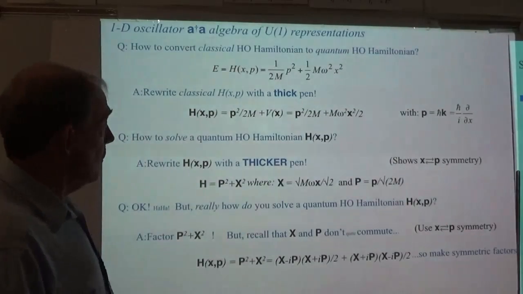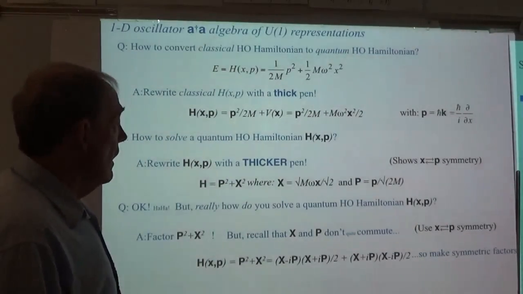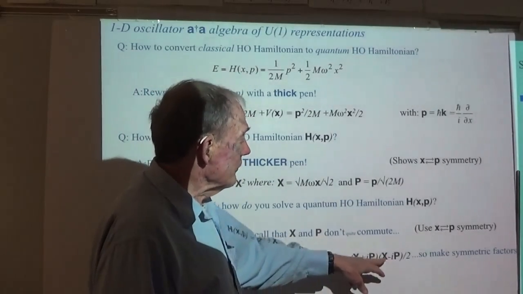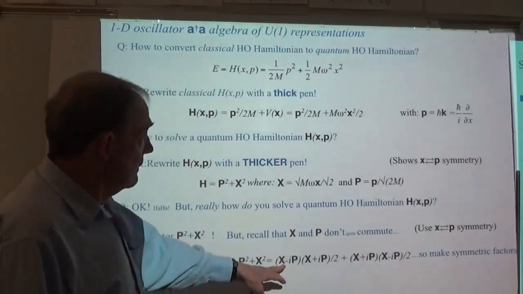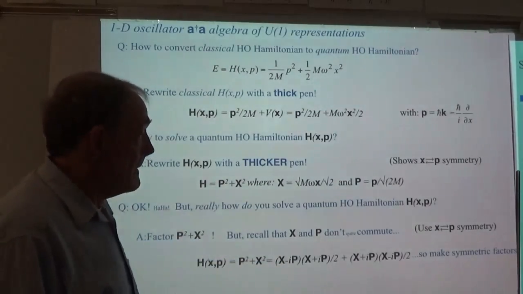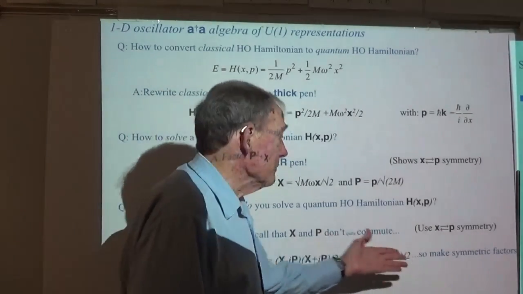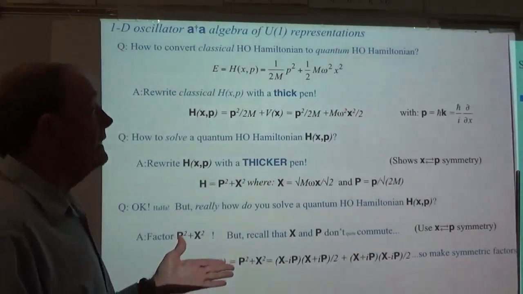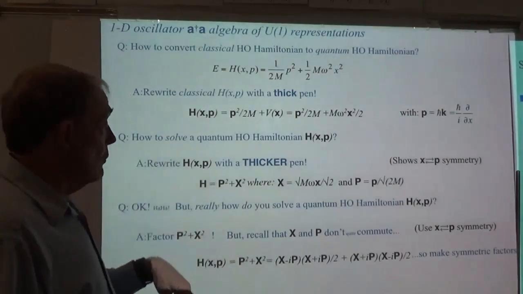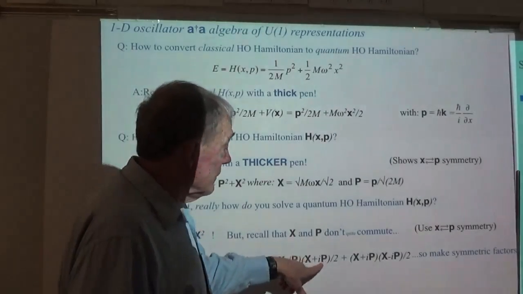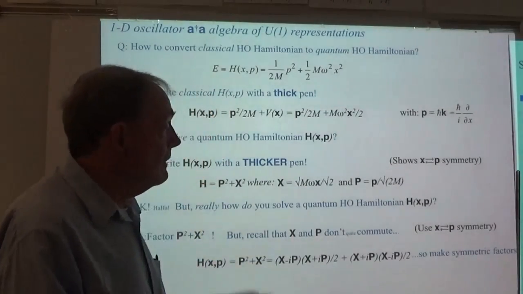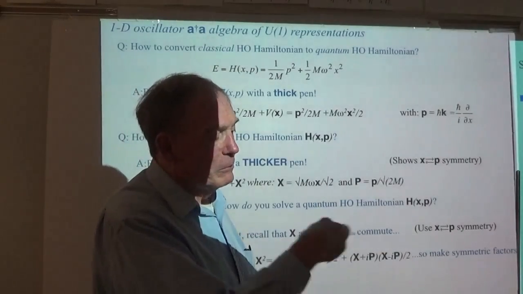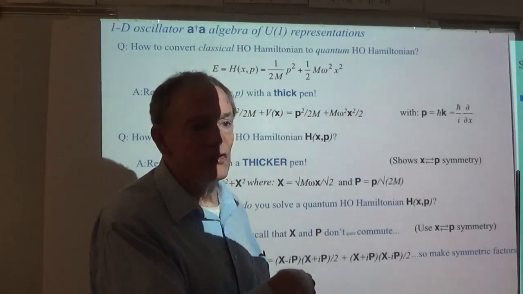So the basic idea is, while you're using this thick pen, you'd better write it in a way so that one of the factorings has the minus sign on the right and the other one has it on the left. This is to make it symmetric, because this thing has a symmetry that's associated with p and x, but we're going to make it into a combination of x and p, very much like how we made the position on the left plus the position on the right into a projection operator.